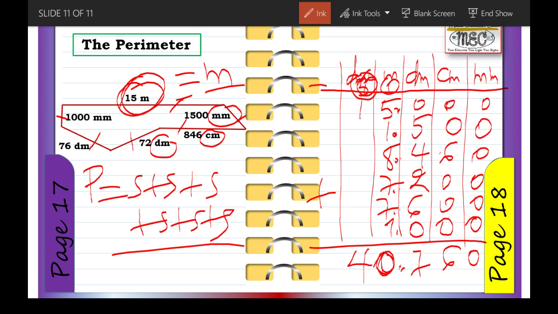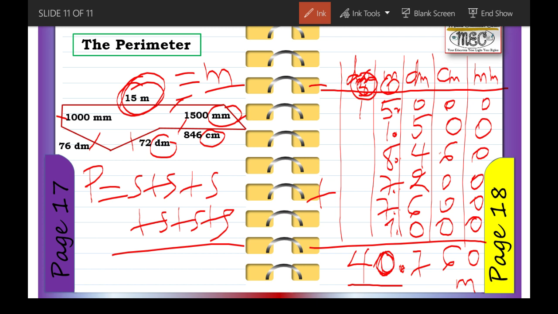Now your answer is 440.760 meters, or 40 meters and then 760 millimeters. For your information, you must also add or subtract in the conversion table to make your work easier, or to be sure that the answer you are getting is correct.